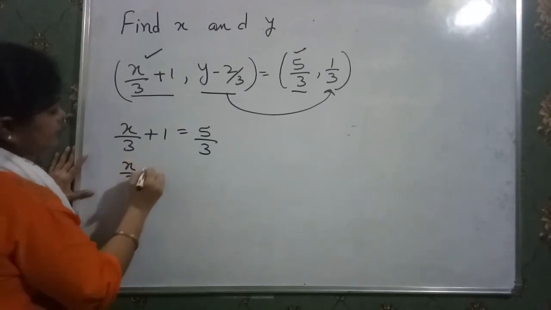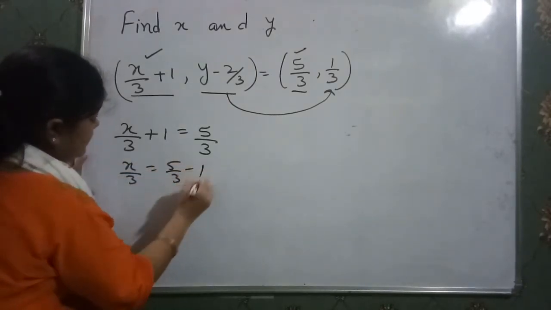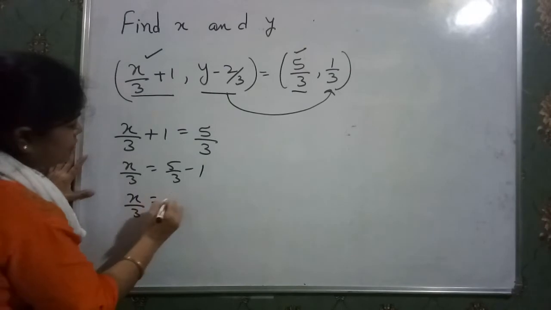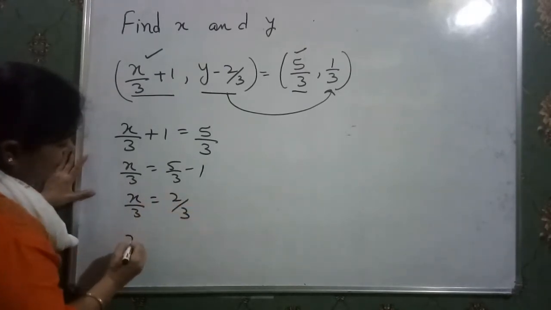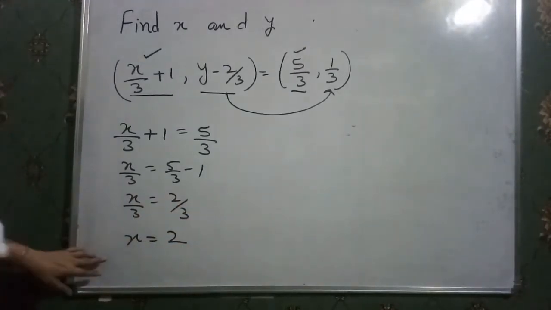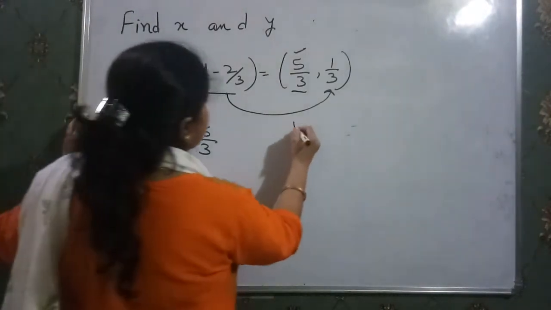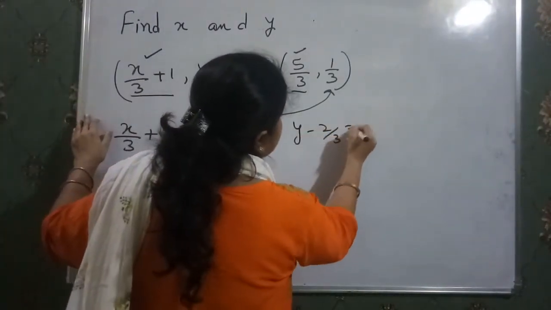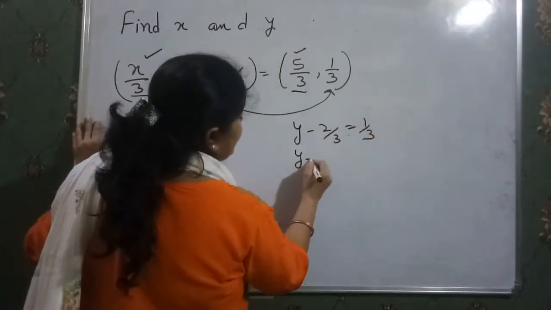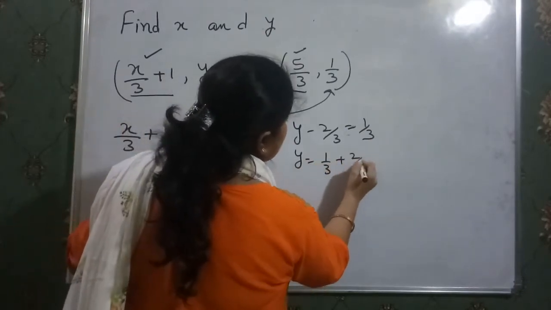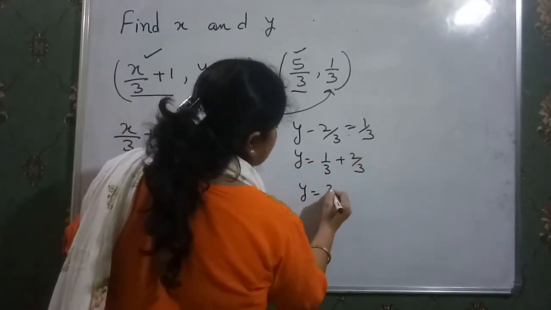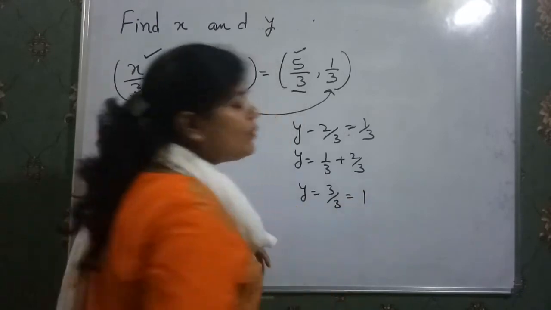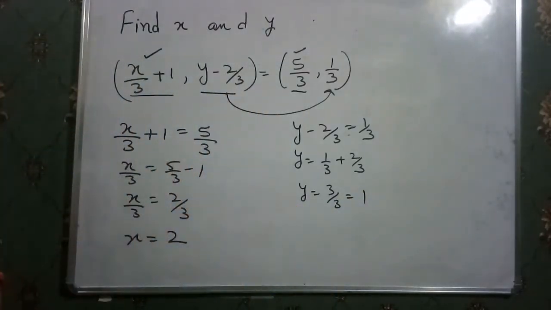So we have 5 by 3 minus 1, that is x by 3 is equal to 2 by 3, that is the value for x is 2. Now simply y minus 2 by 3 is equal to 1 by 3, y is equal to 1 by 3 plus 2 by 3, that means y is equal to 3 by 3, which is equal to 1. I think it's very simple.